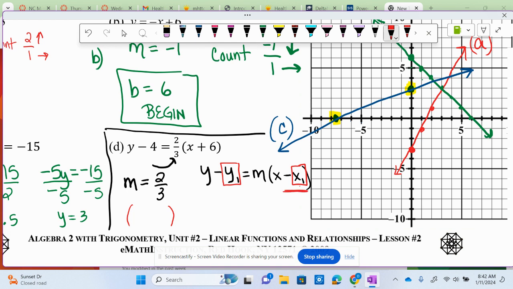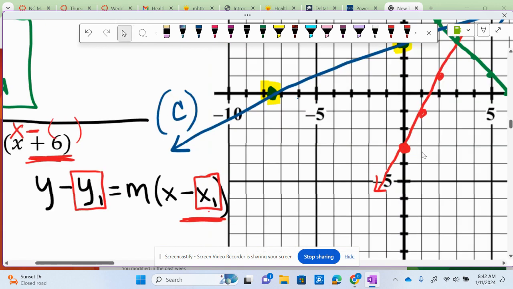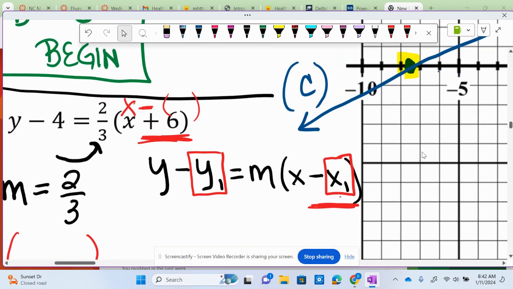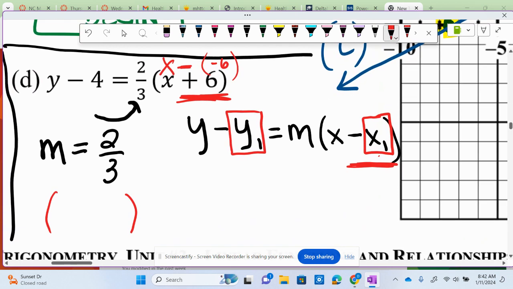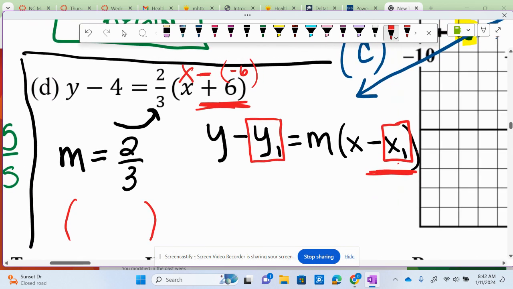X is right here. And it's set up as x minus some number. So how did that turn into a plus? Because it was minus a negative. So this is really x minus -6. So my x coordinate is -6. My y coordinate is what? 4.